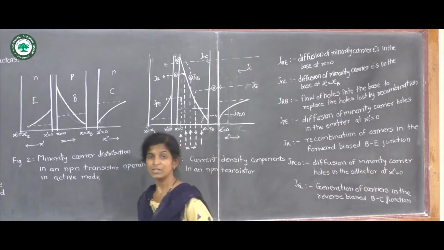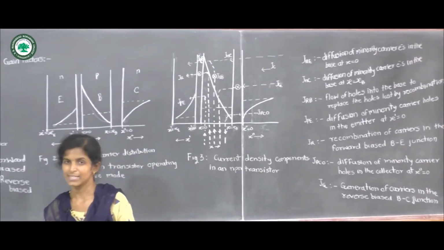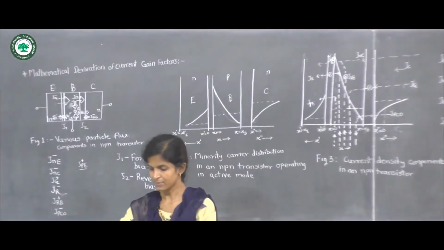So these are the various current components in the NPN transistor.